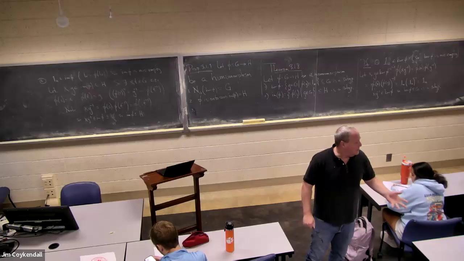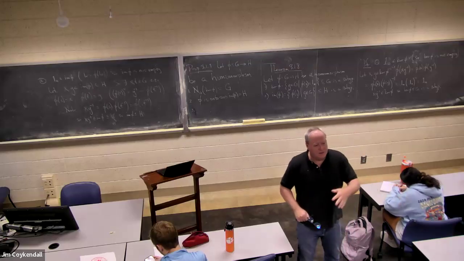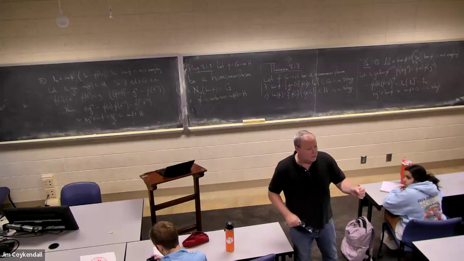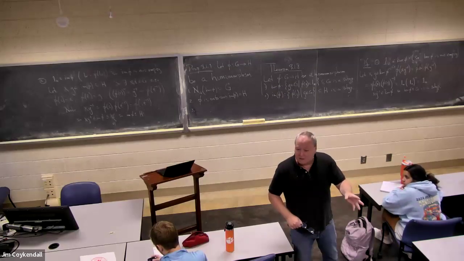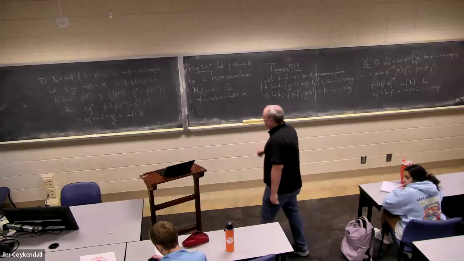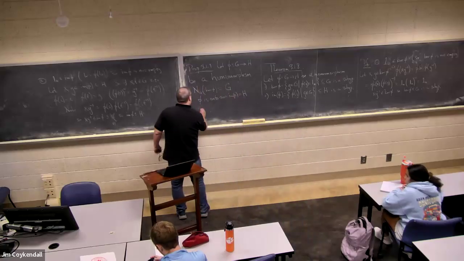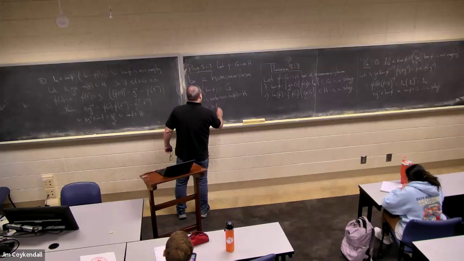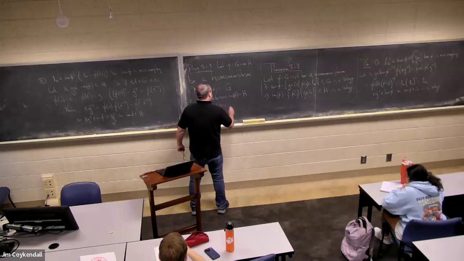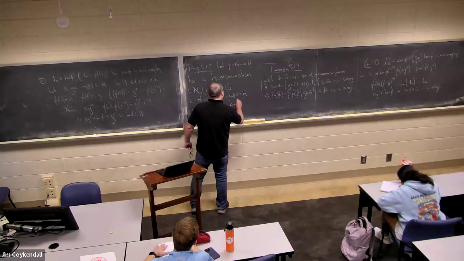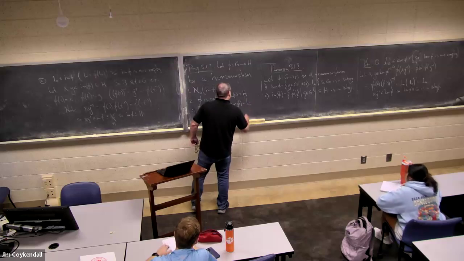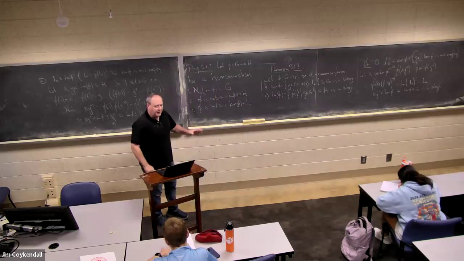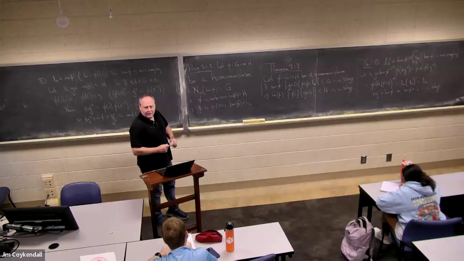Do you all remember that? If you have a linear transformation from V to W, it's one-to-one if and only if the null space is just the zero vector. There's an exact analog.